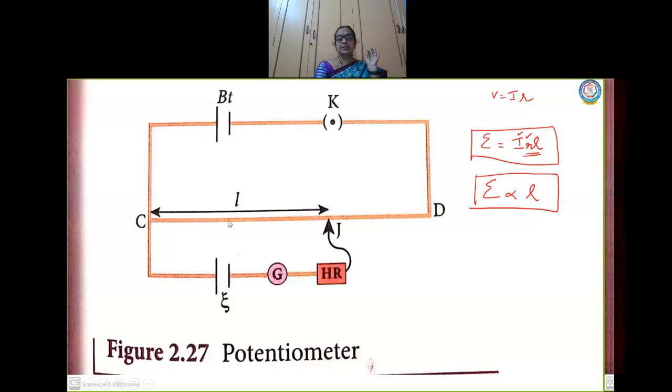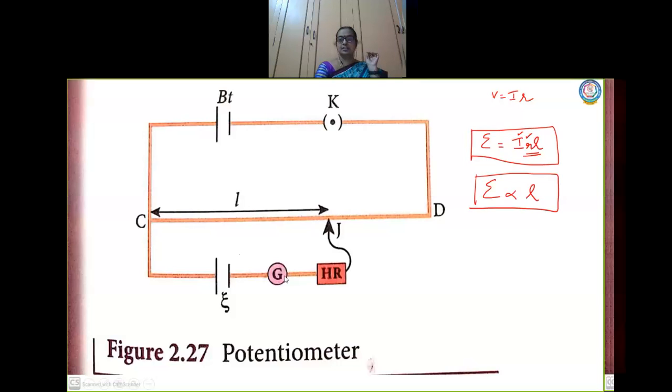So the potential drop across this length will give the value of the EMF of the cell. There is no current flow through the galvanometer and it will show zero deflection. Cj is the balancing length. The potential difference across Cj is equal to IrL. That is what I have written here.